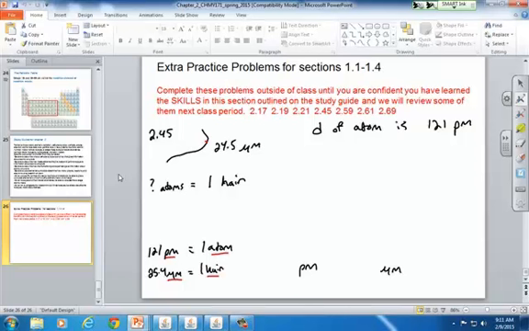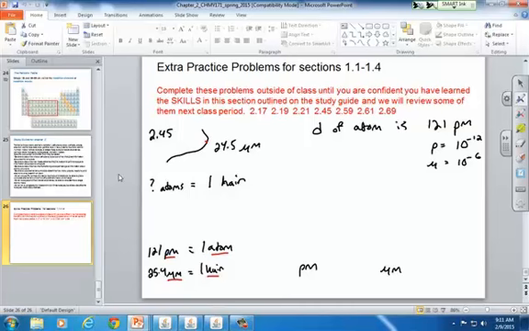The prefix pico on the metric table is 10 to the minus 12th, and micro is 10 to the minus 6th. The difference in power of 10 is the absolute value of the difference between those numbers, which is 6 powers of 10, or 10 to the 6th power.